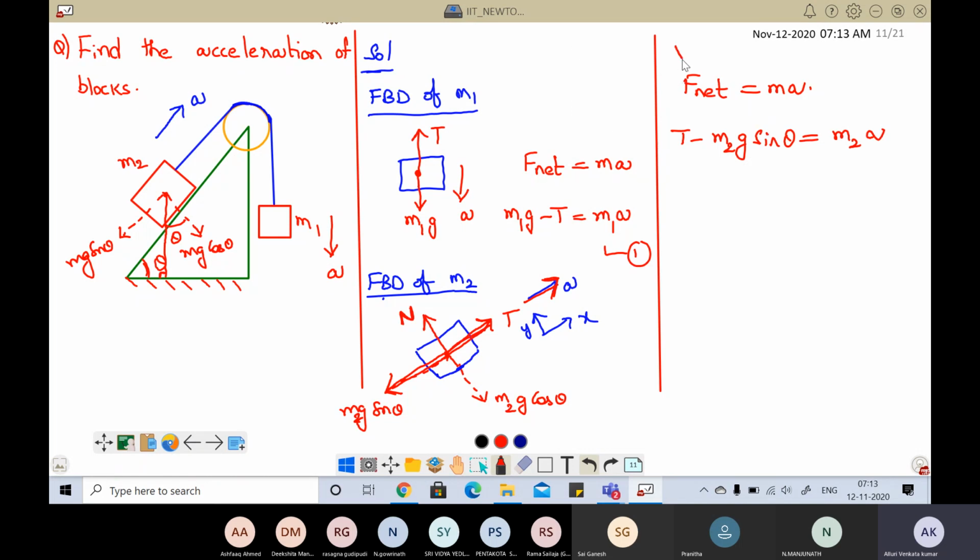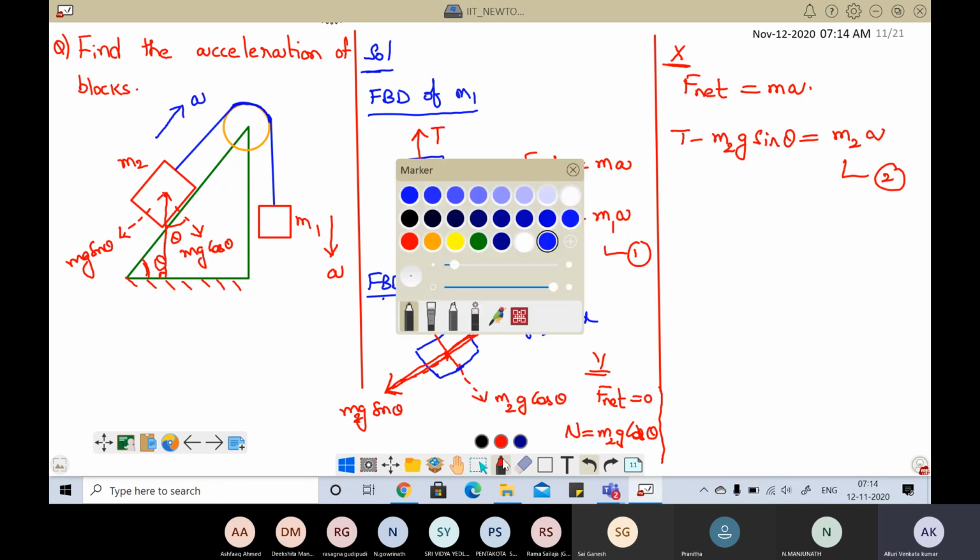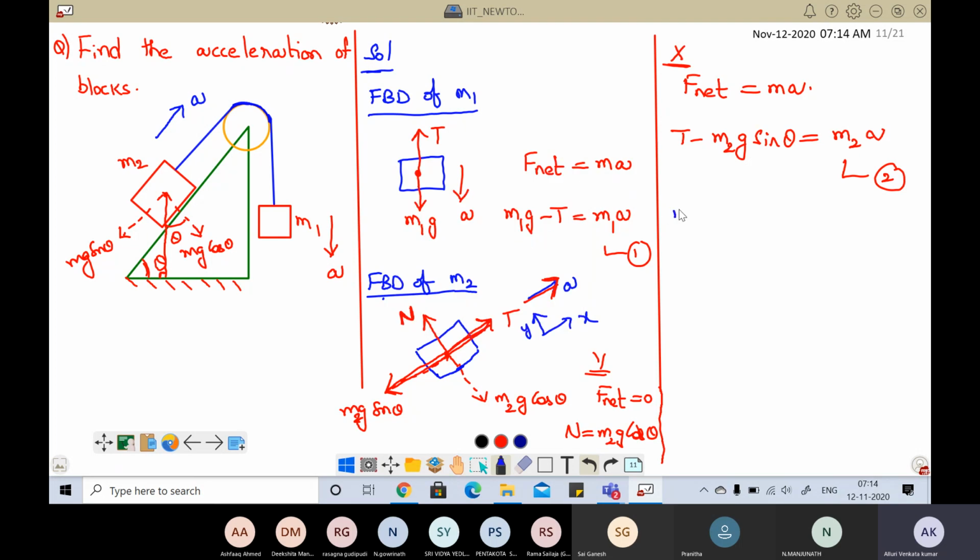In the y direction, F net is 0 because the block is not moving, so N is equal to M2G cos theta. This is not required for us anyway. Now we have equation 2, and the earlier one is equation 1. I want the acceleration, so I'll add equation 1 plus equation 2. T will get cancelled.